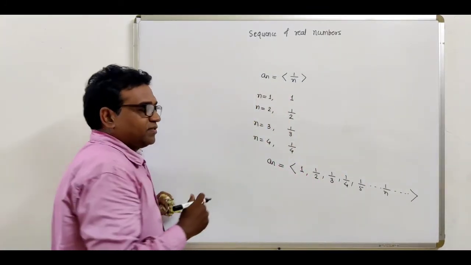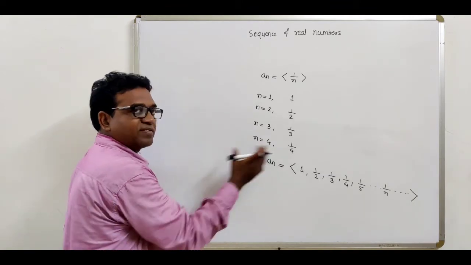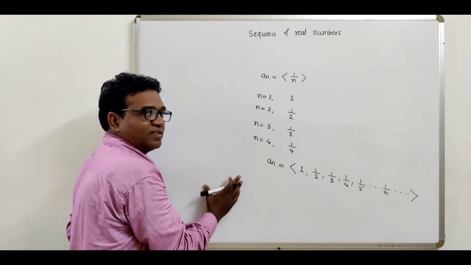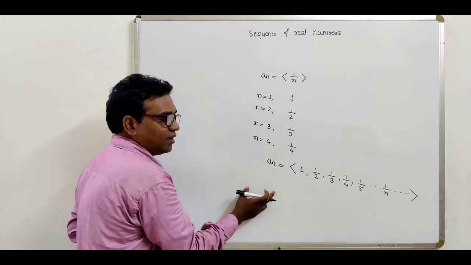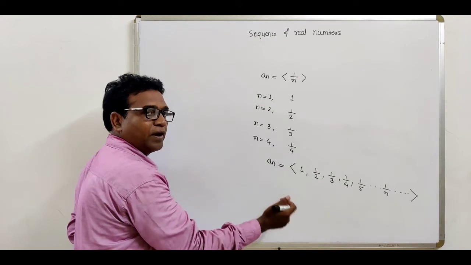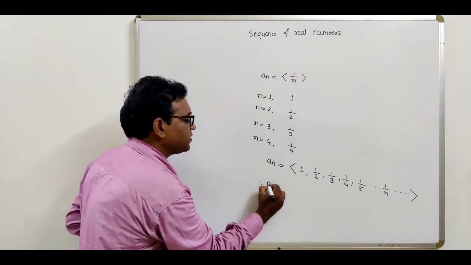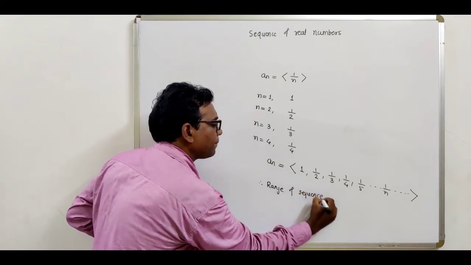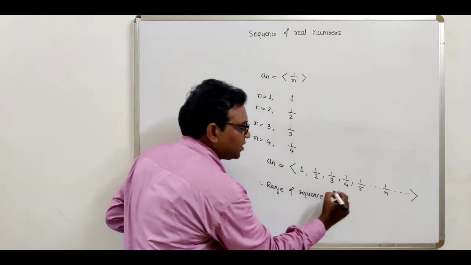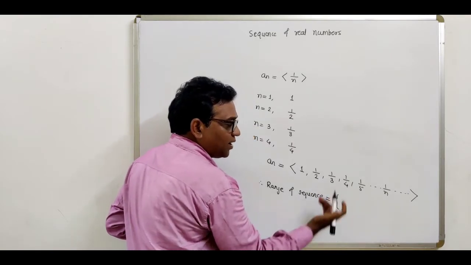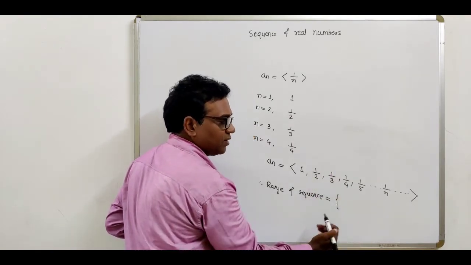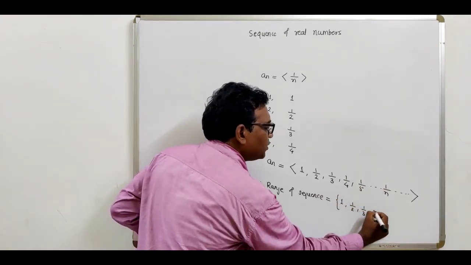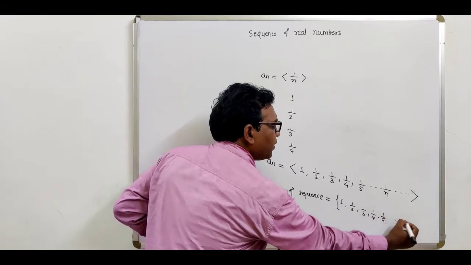Now see what is the range of this sequence. Just now we have seen the definition of range. The range of a sequence is just a set which contains the different elements of the sequence. So the range of this sequence contains the elements 1, 1 half, 1 upon 3, 1 upon 4, 1 upon 5, and so on.